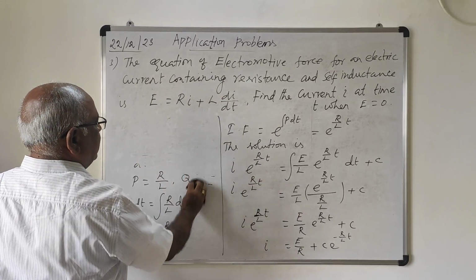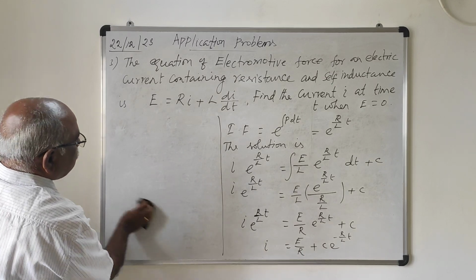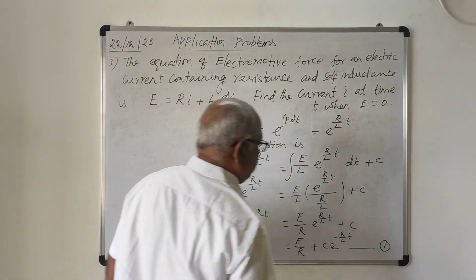See, the required current I when the electromotive force is 0: in this equation, you substitute E equal to 0.